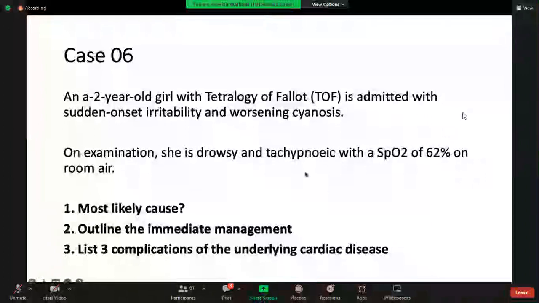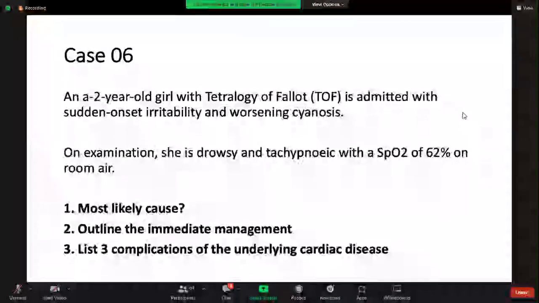So what has happened here? A child with a cyanotic heart disease. The heart disease is tetralogy of Fallot and coming with deepening cyanosis with irritability, which was sudden in onset. And the saturation is very low, 62%. So what is the most likely cause for this presentation?